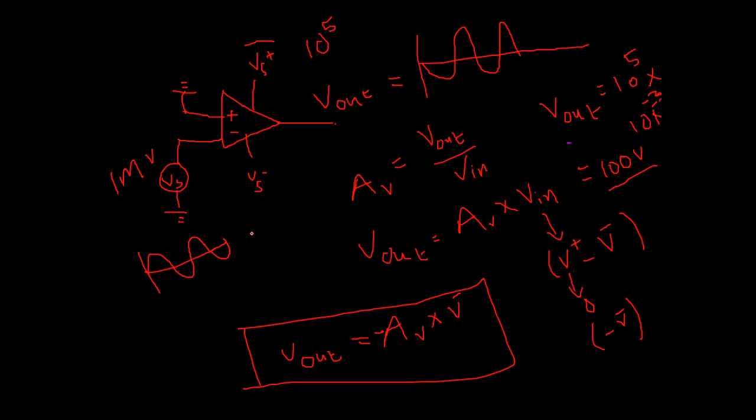As we have seen, your transfer characteristics will be like this. It will be saturated. This is Vs plus and this is Vs minus.